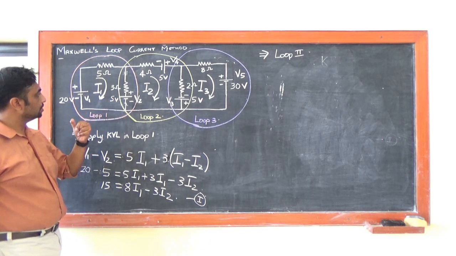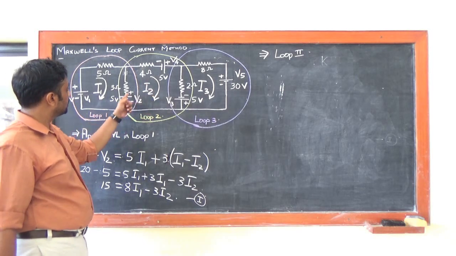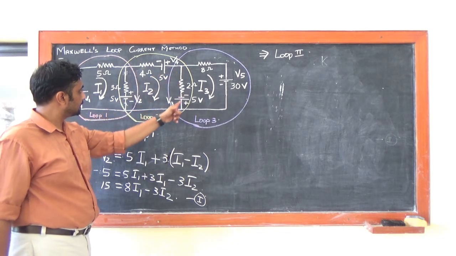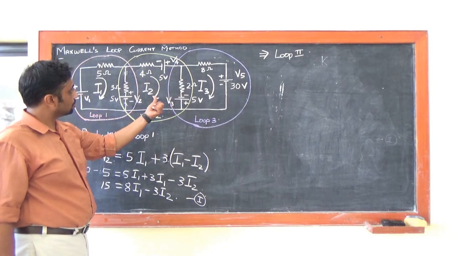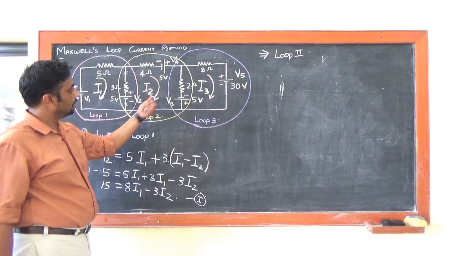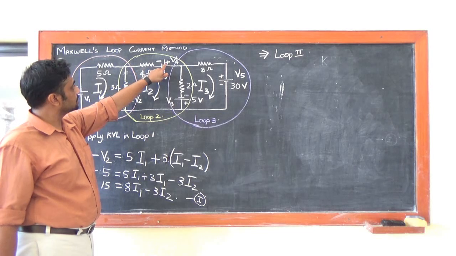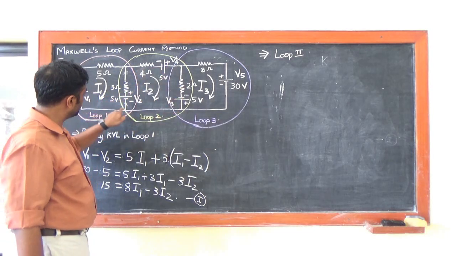So I have 5 volts. Check the direction of V2. Positive, negative. So positive moves to negative. Trace the loop. So this is clockwise. This clockwise direction is matching with your I2. So this will be a positive voltage. What about V4? Positive to negative. Again, trace the loop. From positive, it is going to negative.